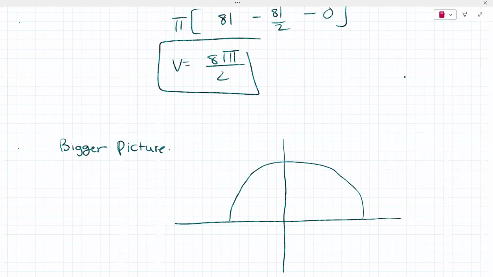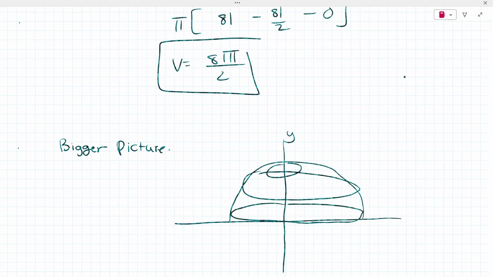And then if we're revolving it around the y-axis, we're going to make tiny discs like this, from 0 to 9. So that's the bigger picture. Okay, let's move on to example 5.